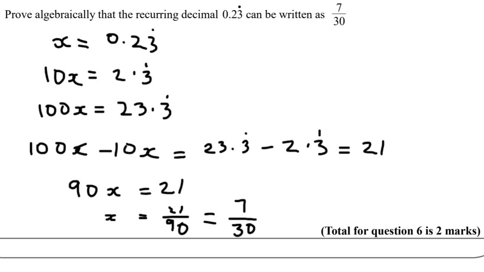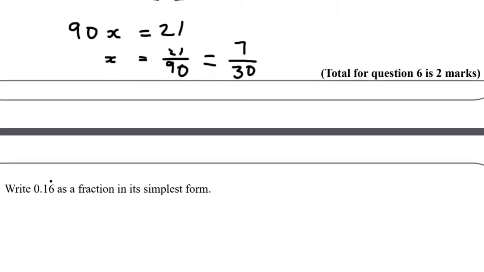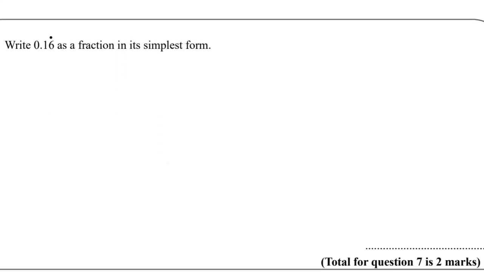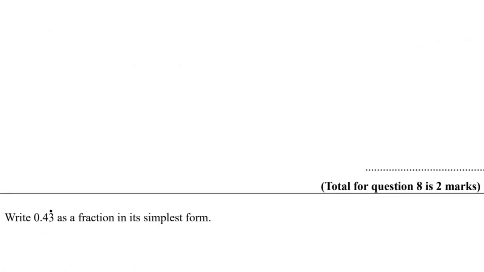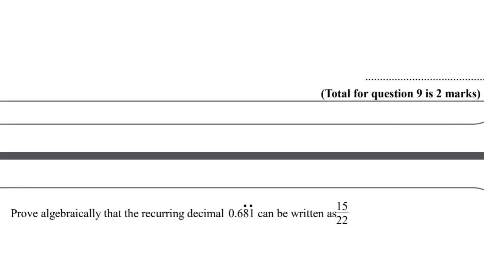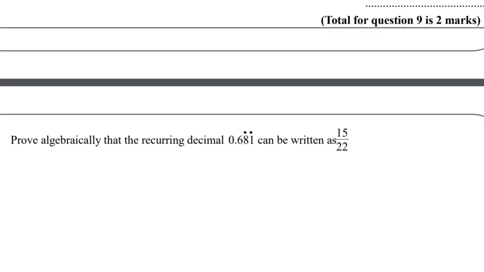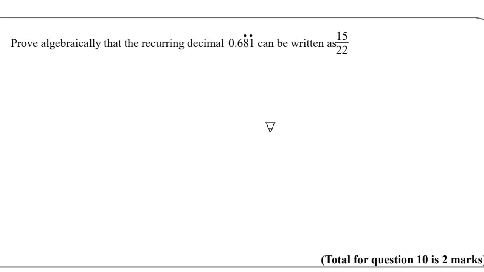Now, if we need to look at a more complicated example, let us take a look at a harder one. These are all similar. So we'll take a look at this. This one looks a bit difficult. 0.681. So that means 8181 repeating, recurring.